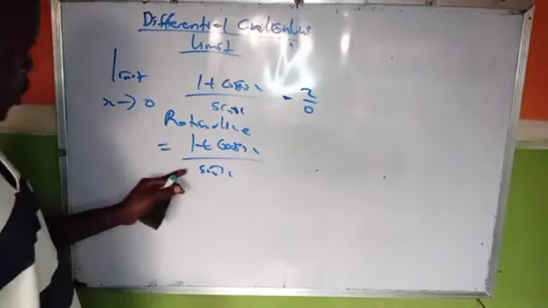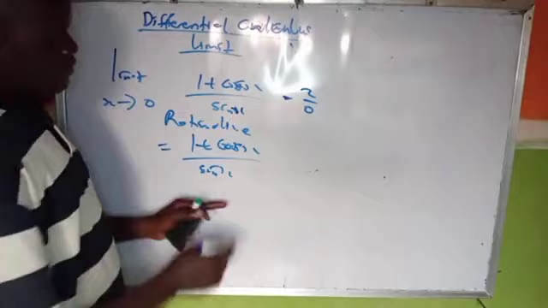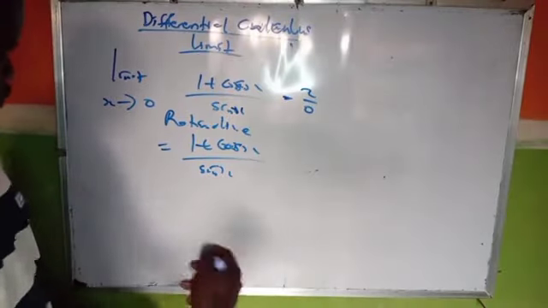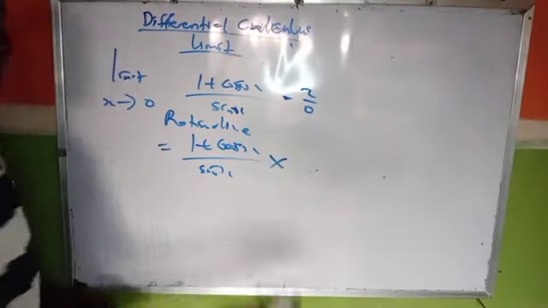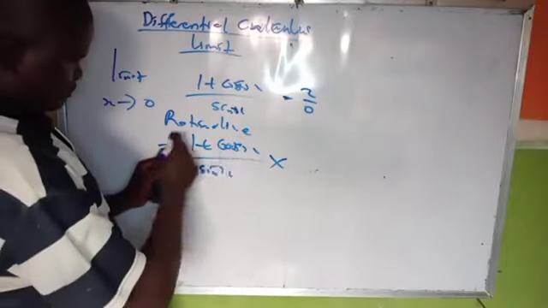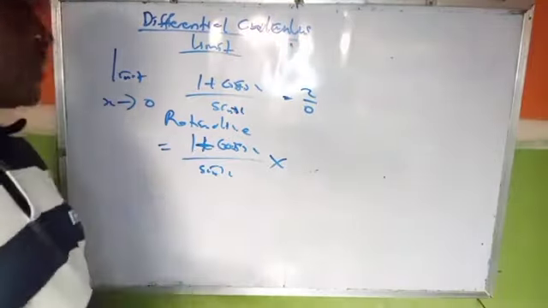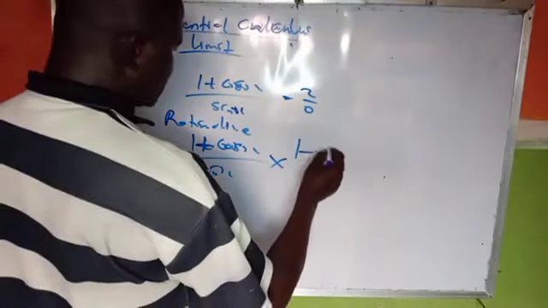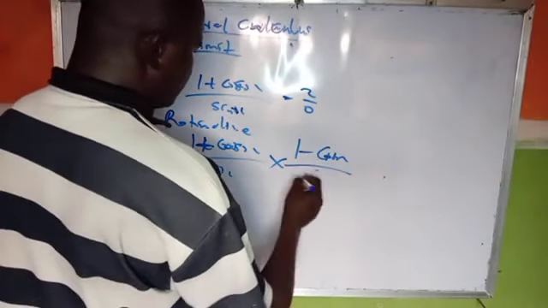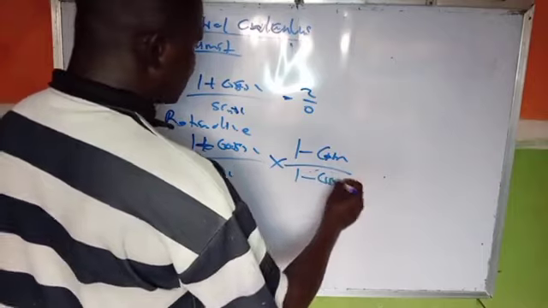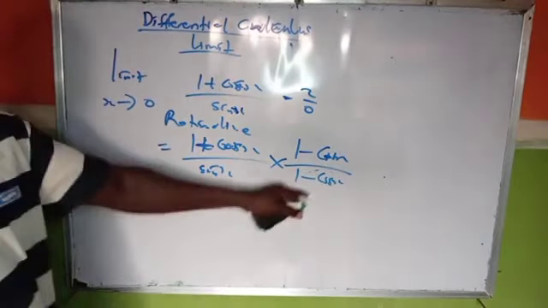So when you rationalize, this one will be lifted. So you can follow. How are you going to rationalize? This value, you simply change the sign from plus to minus. So you multiply it up and down: cos x over minus cos x. This is what you have.